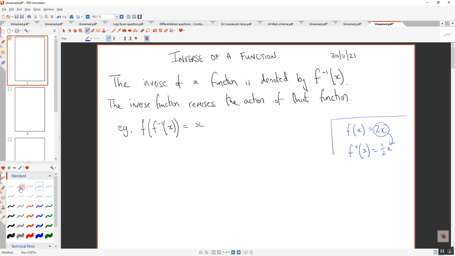Now, something that's important. In order for a function to have an inverse, because not all functions do have inverses. Do we write this part? Yep, we can write this bit.